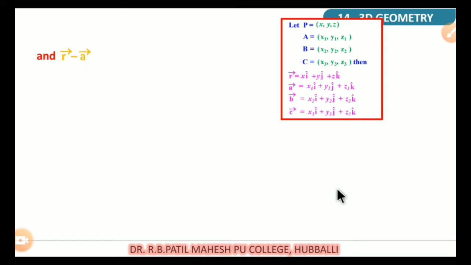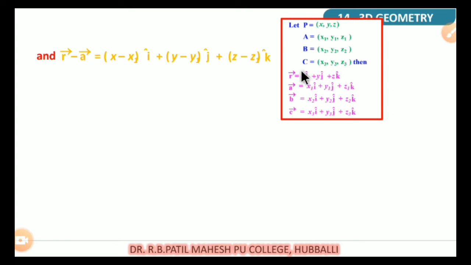And r minus a vector is equal to x minus x1 i plus y minus y1 j plus z minus z1 k, because we have to subtract a from the r vector.